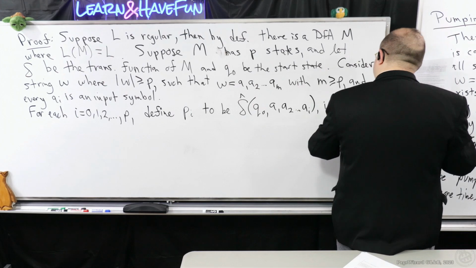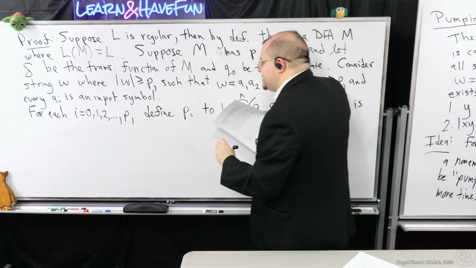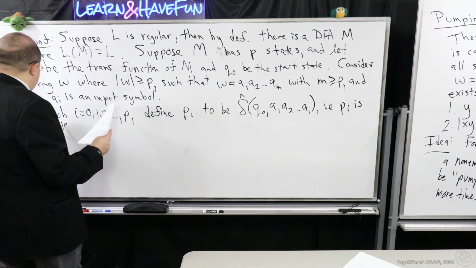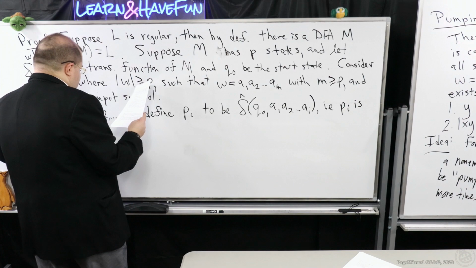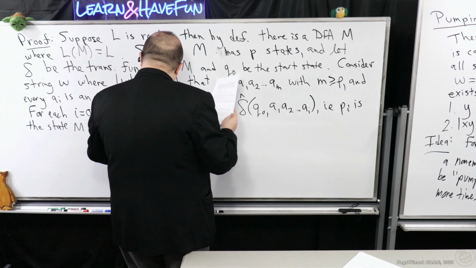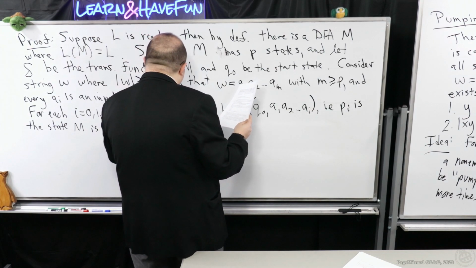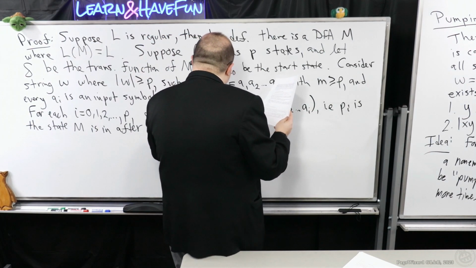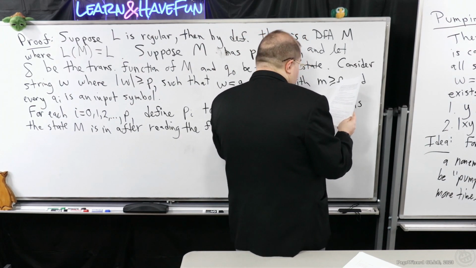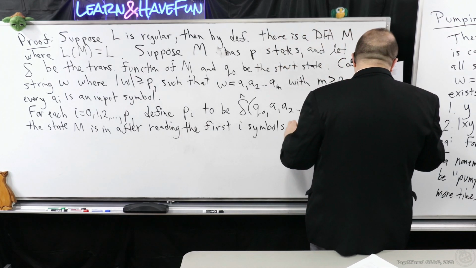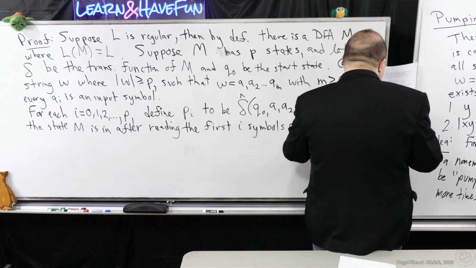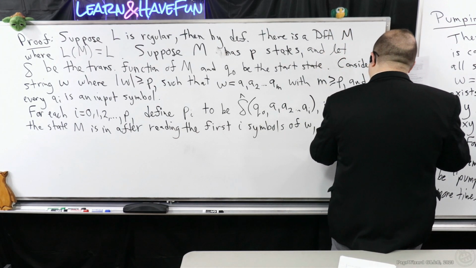That is, Pi is the state M is in after reading the first i symbols of W, where I'm going to simply define that P0 is equal to Q0.